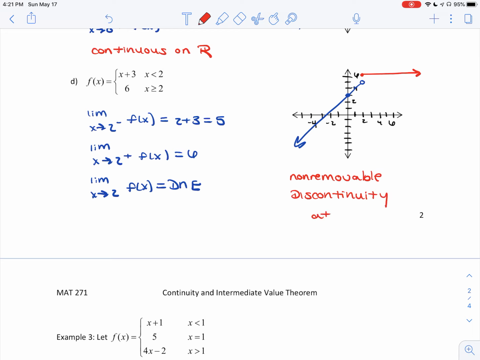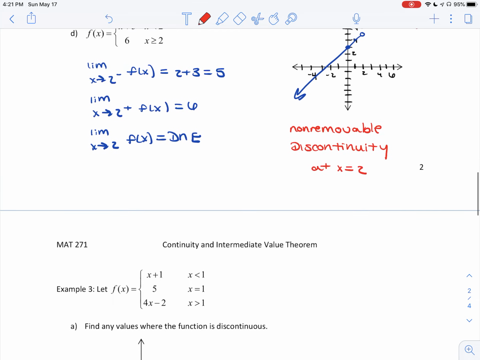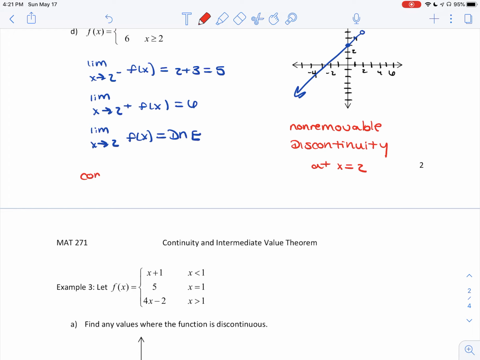That's at x equals 2. All right, so we would say then that it is continuous everywhere else. So on negative infinity to 2 and 2 to infinity.